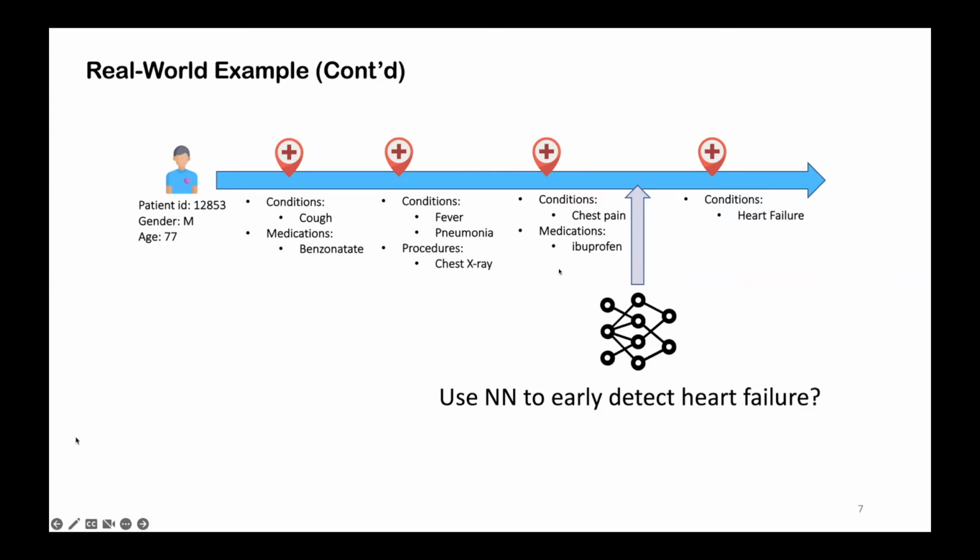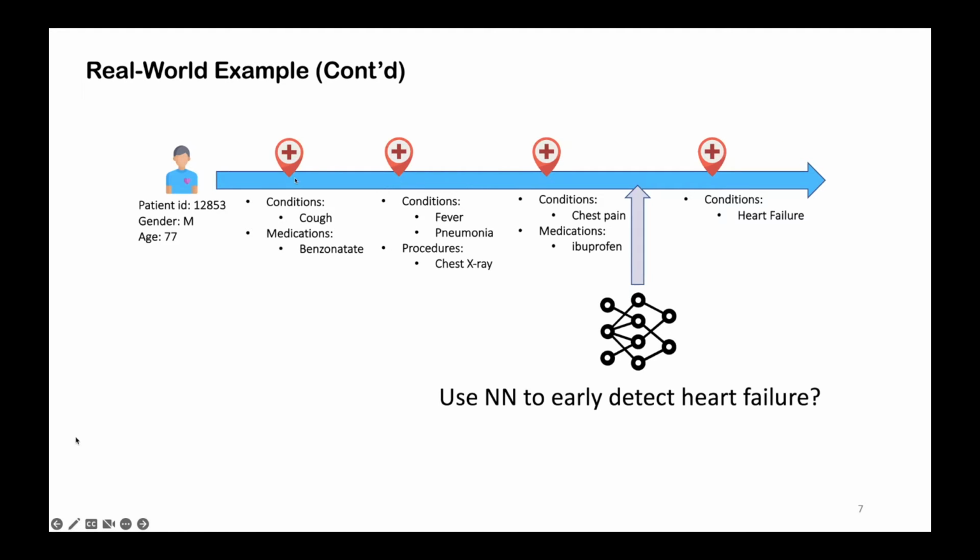If you take a look at the diagram, this patient has patient ID 12853, and gender and age, which is the demographic information of this patient. In terms of the medical information, as shown here, this patient has 4 visits in total. For each of the visits, the EHR records a few different medical codes.